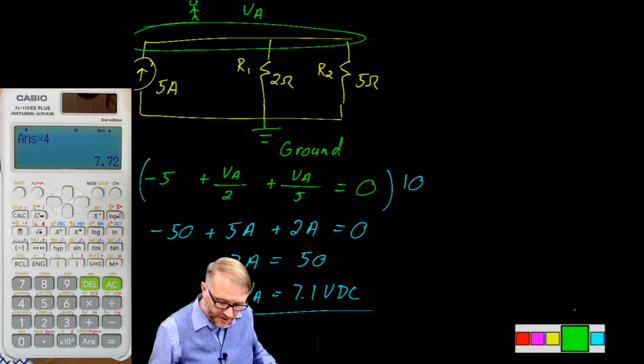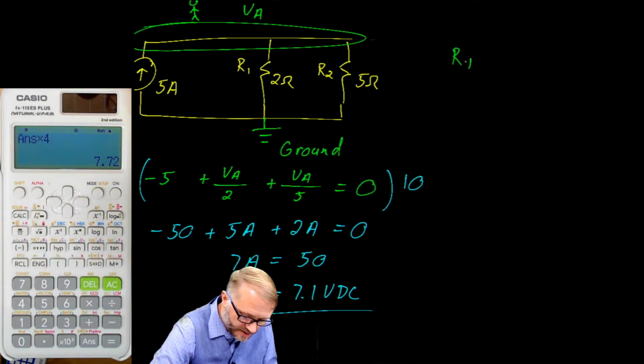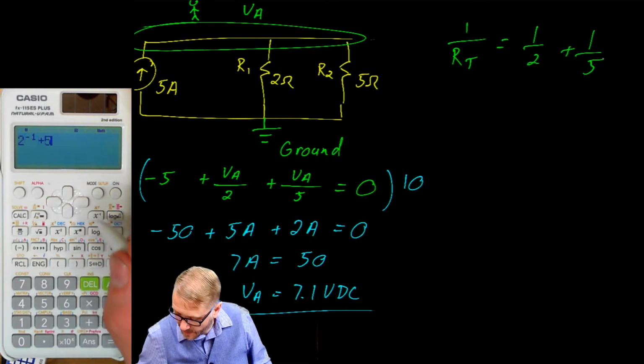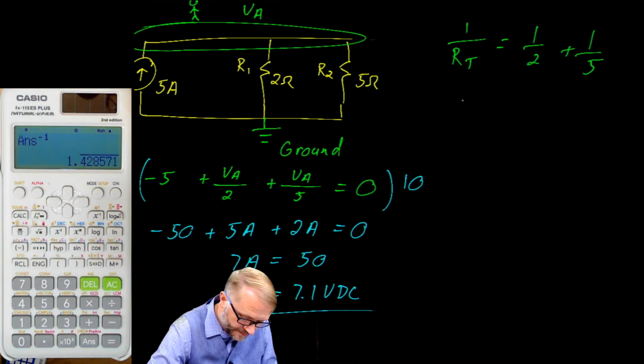Using the tools we had previously, we would have solved this problem, you might have said that 1 over R total is 1 over 2 plus 1 over 5. And you would have said 2 inverse plus 5 inverse, inverse, equals. So you would have then said that the voltage A is a current times a resistance.